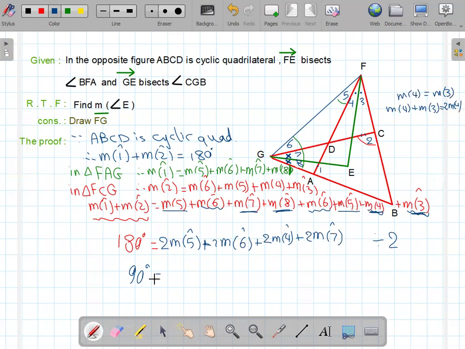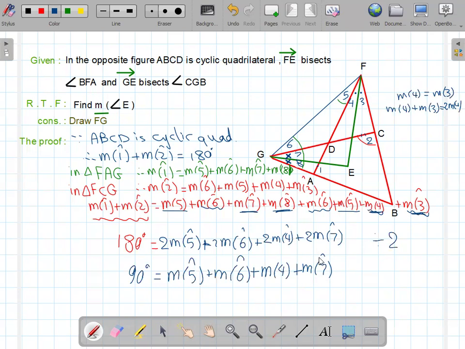Equals measure of 5 plus measure of 6 plus measure of 4 plus measure of 7. Then measure of 5 plus measure of 6 plus measure of 4 plus measure of 7 equals 90. Let us see what measures 5, 6, 4, 7 are.